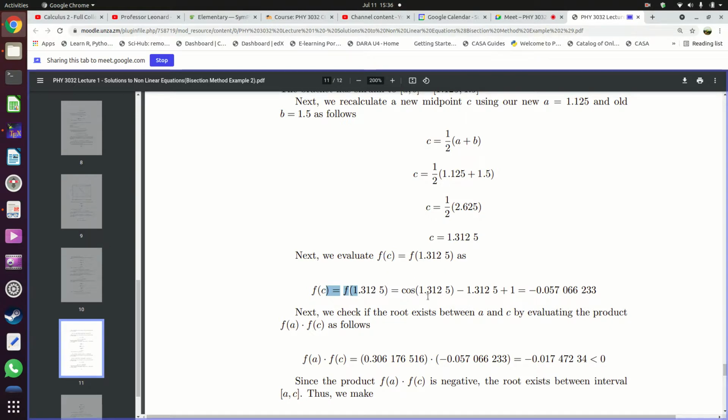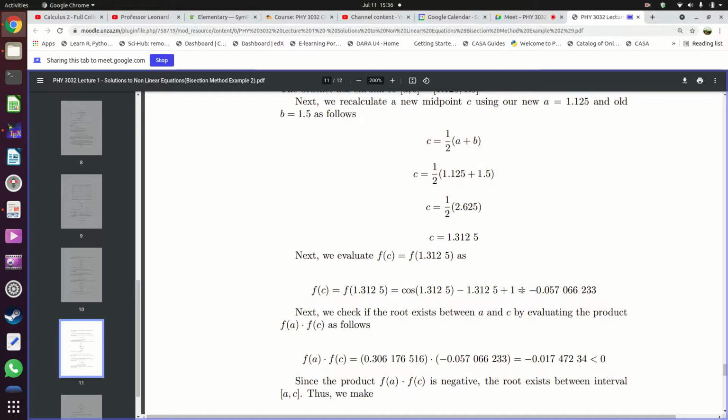So that's going to be cos 1.3125 minus 1.3125 plus 1, and we get minus 0.057066233. You can see that our function at this new midpoint is negative. Is that clear?